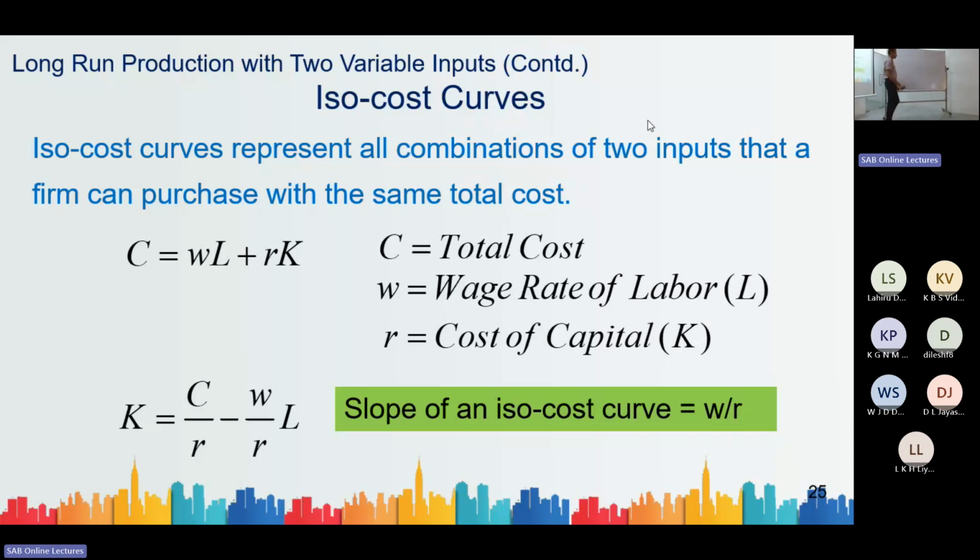Let's say that the total cost is 10,000 and one capital input costs 1,000, the price of capital is 1,000, and the price of labor is, let's say, 500.